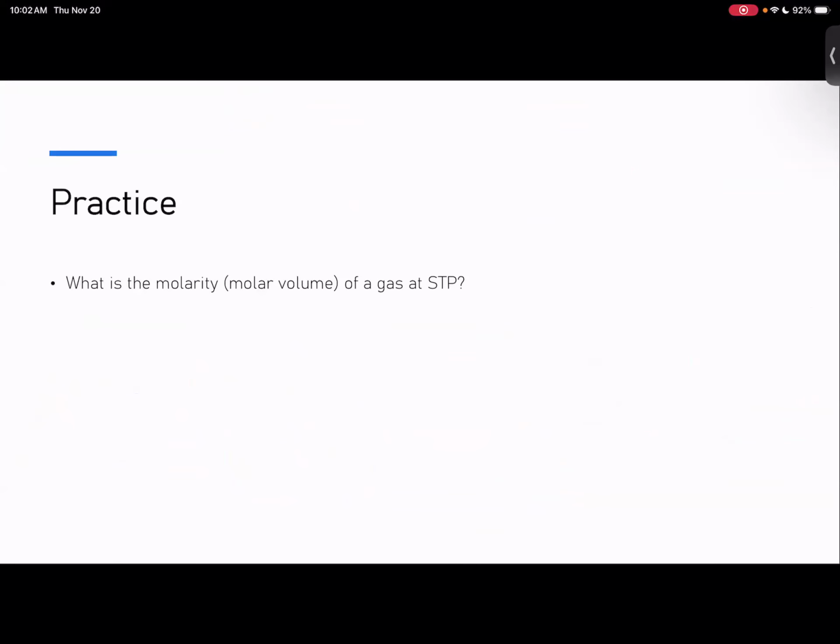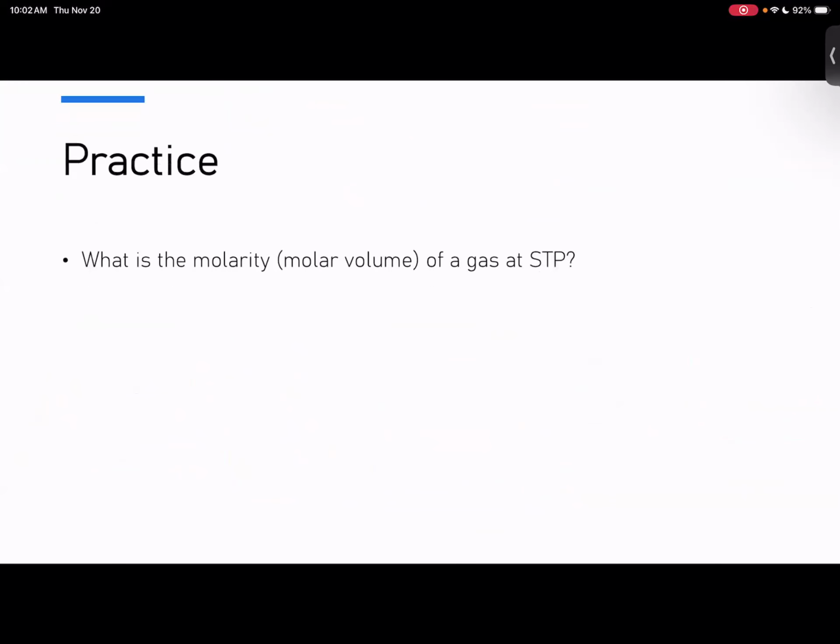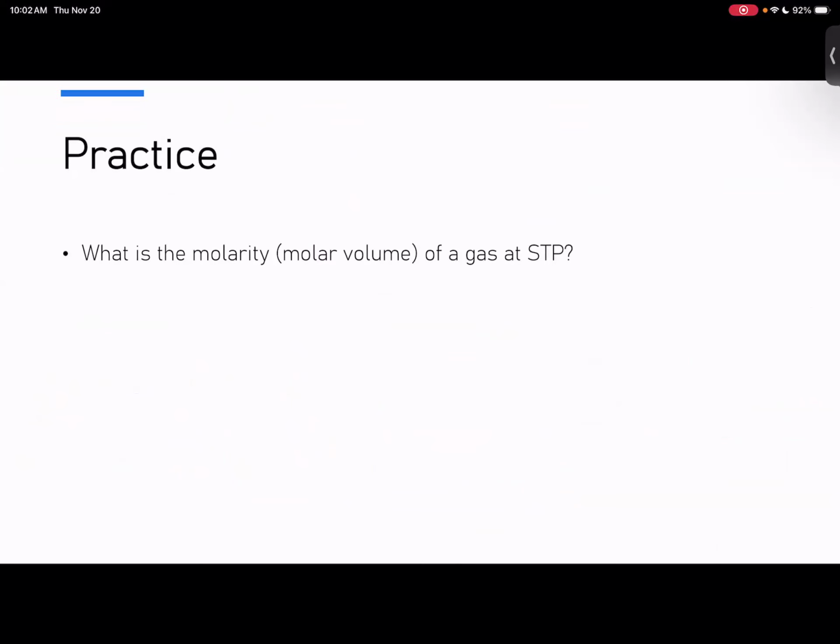So, one more question. What is the molarity of a gas at STP? So PV equals nRT. We know that molarity is n over V. So rearranging this equation, P over RT equals n over V, which would be equal to our molarity.